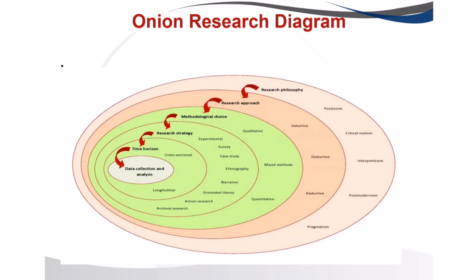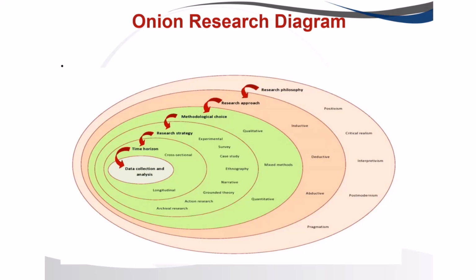So the same thing here: if you look at this research design and try to understand it through this metaphor of an onion, you'll be able to start by peeling the outer layer. I think most of us know what a metaphor is, but sometimes we use this terminology and take it for granted. Basically, a metaphor is a figure of speech in which a word or phrase is applied to an object or action to which it is not literally applicable.